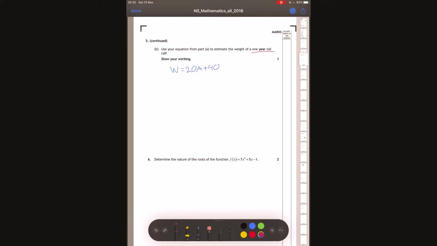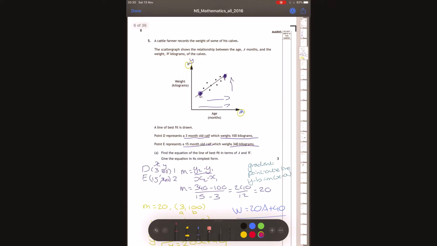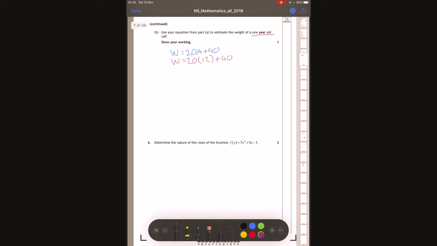So what is 1 year in months? It's 12. So it would be W equals 20 times 12, because we're measuring in months, not years, plus 40, not 1, because if A was 1, that would be 1 month. Because look, age, months, so just be careful of that.